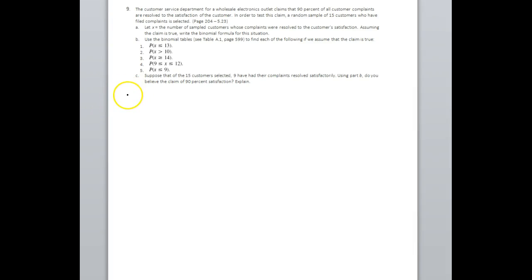Okay, so we say A, and then we'll say X is binomial with N equal 15 and P equal 0.9.